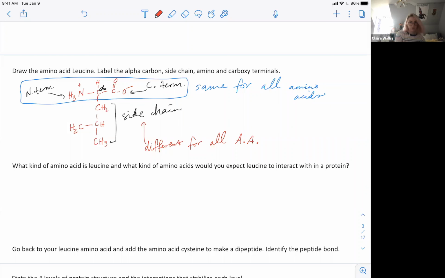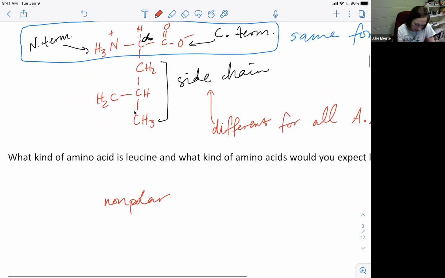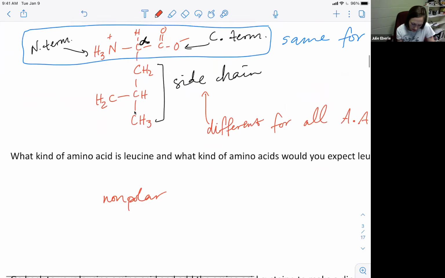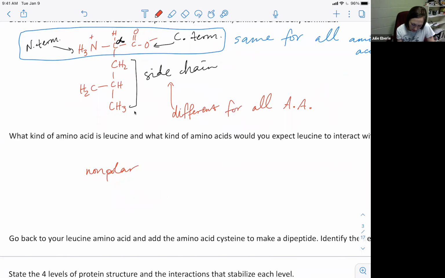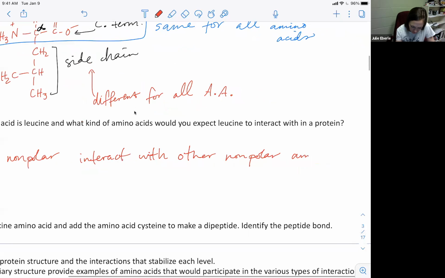Isn't it non-polar and it would react with non-polar? Correct. So leucine is non-polar. Okay, all you have is hydrogens and carbons. So it's non-polar, and we would expect it to interact with other non-polar amino acids.